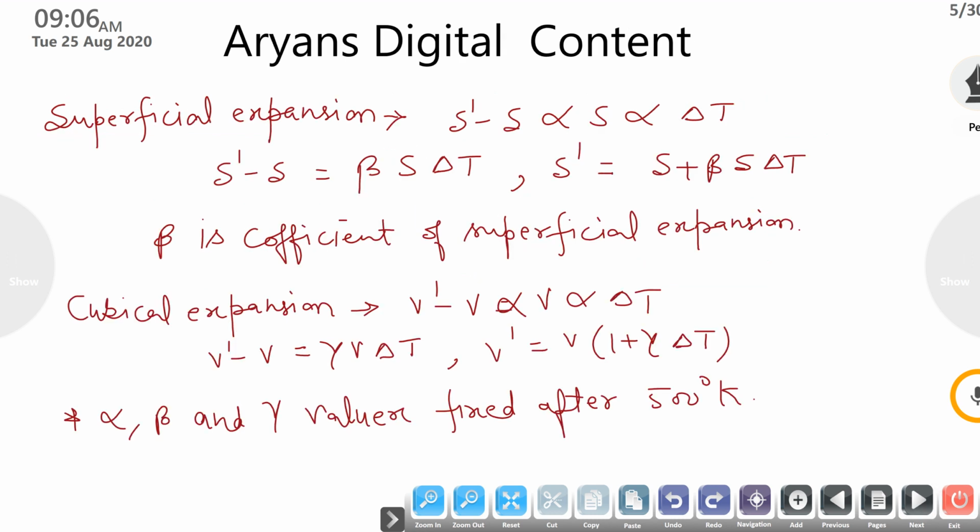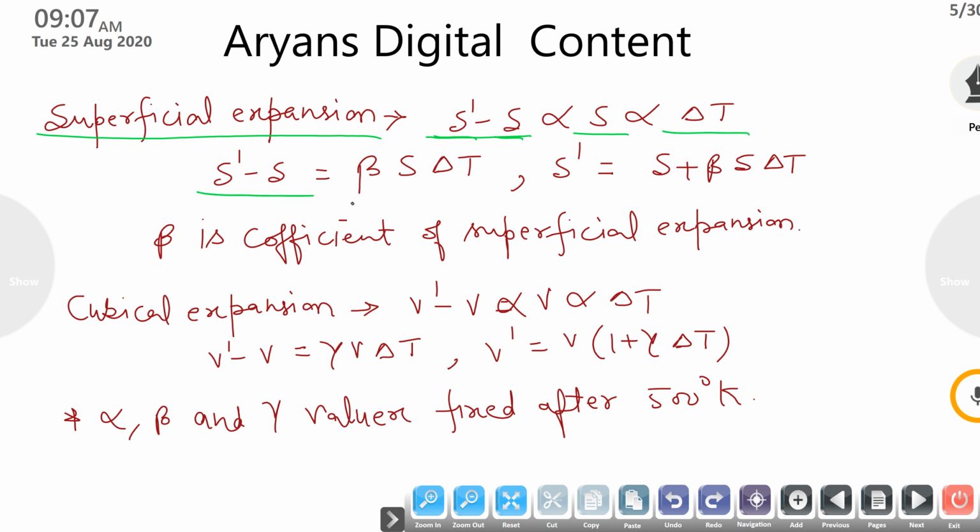Second is superficial expansion. This is nothing but the expansion in area. So if S dash is the final area, S is the original area, then the change in area, that is S dash minus S, is similar to previous. It is proportional to initial area and directly proportional to change in temperature.